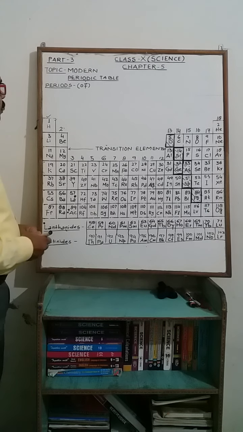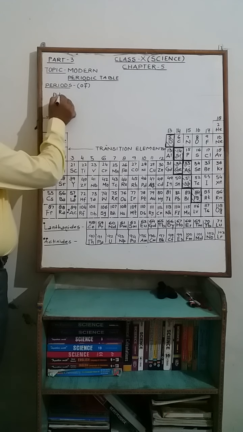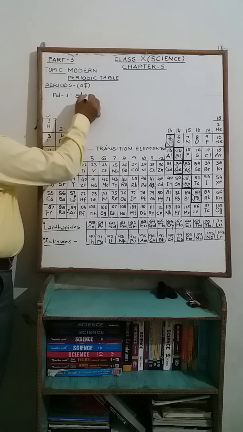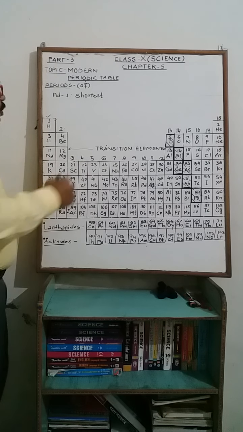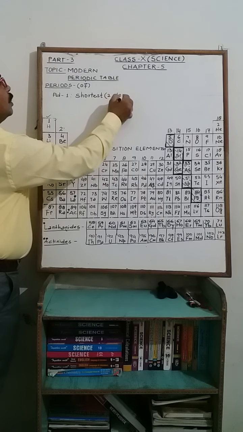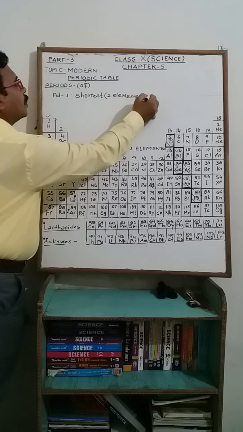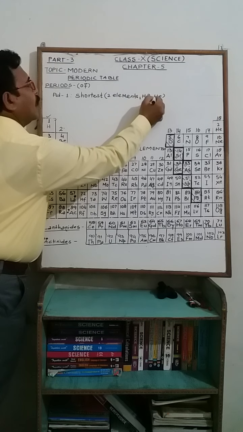So let's start. Period 1 is the shortest period because it is having only two elements, hydrogen and helium, with atomic number 1 and 2.